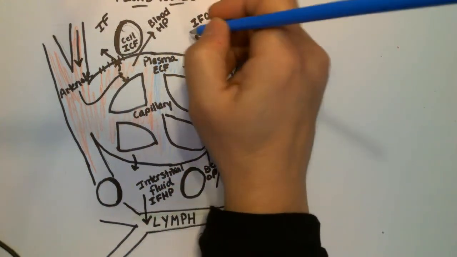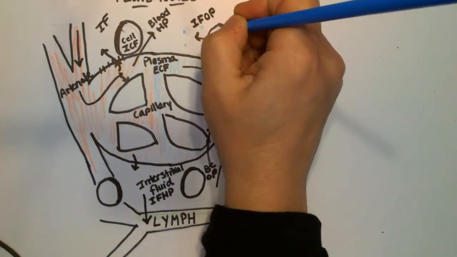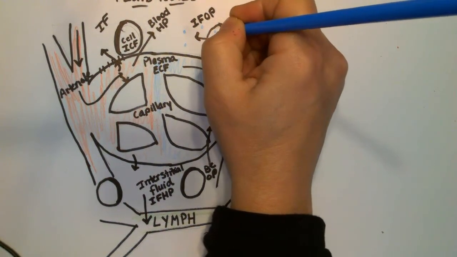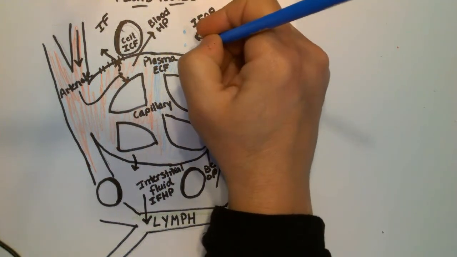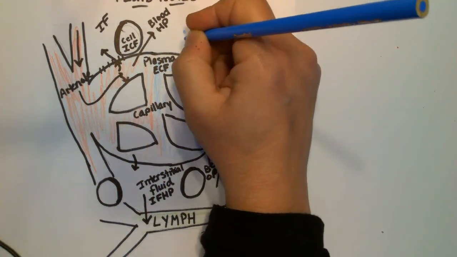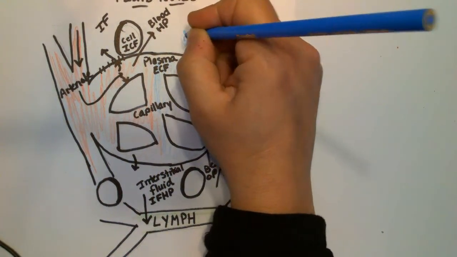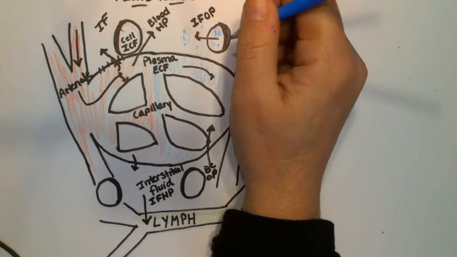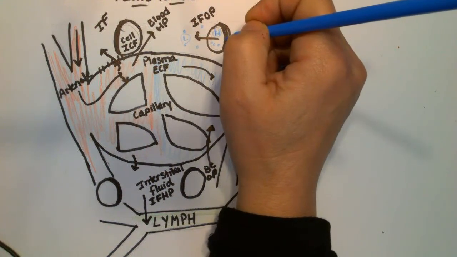So you could draw solutes right here and solutes inside of here. Water will get pulled from areas of high concentration to low, so high concentration of water inside to low concentration of water outside, okay? So it would be opposite for solutes.